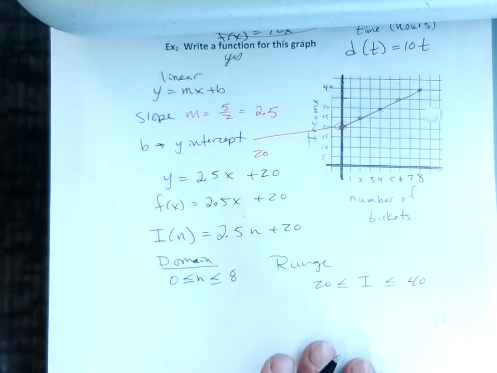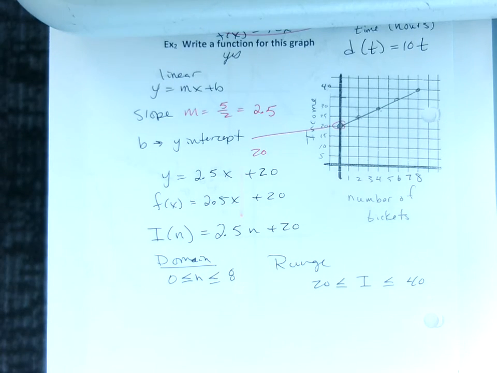Okay, now let's talk about this, okay? In this problem, we're selling tickets, right? What does the 20 mean? We started with 20 bucks, right? So we had $20 already in the bank. Does that make sense? That's cool. Right? So what does the slope represent? So we know what the y-intercept means: that we started with 20 bucks, right?